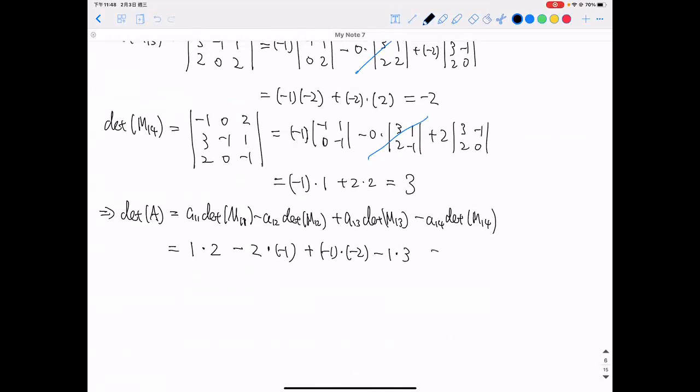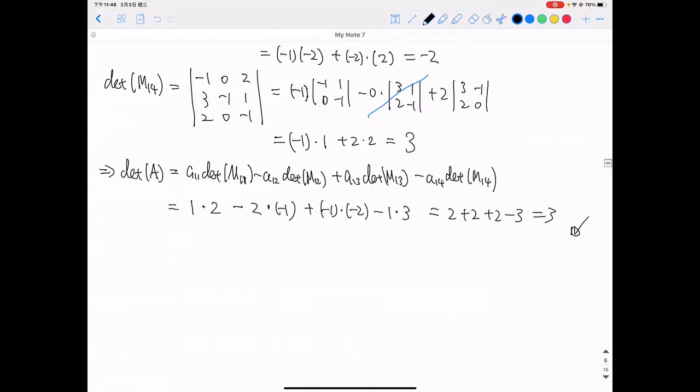So now this is easy because this is 2 minus minus 2, so 2 plus 2 plus 2 minus 3, so it's 3. All right, finally. That took a while.